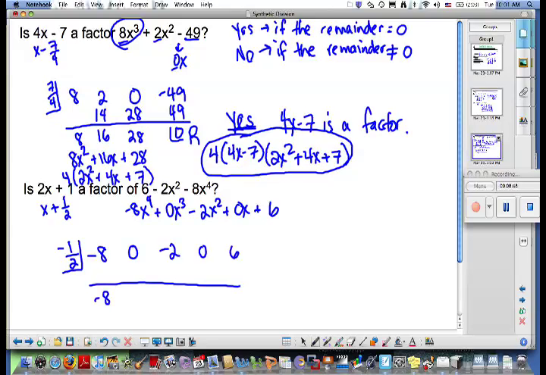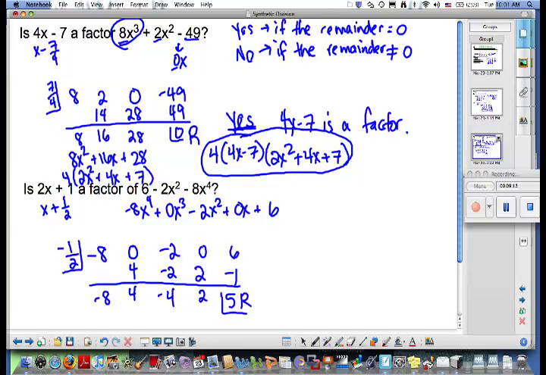We bring down the negative 8. Negative 1/2 times negative 8 is 4. 0 plus 4 is 4. Negative 1/2 times 4 is negative 2. Negative 2 plus negative 2 is negative 4. Negative 1/2 times negative 4 is 2. 0 plus 2 is 2. Negative 1/2 times 2 is negative 1. 6 plus negative 1 is 5.